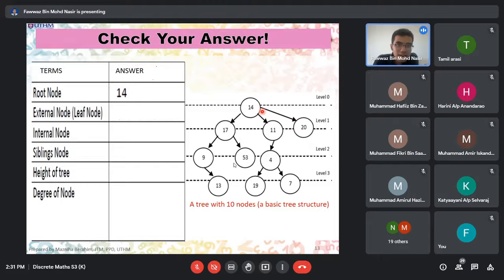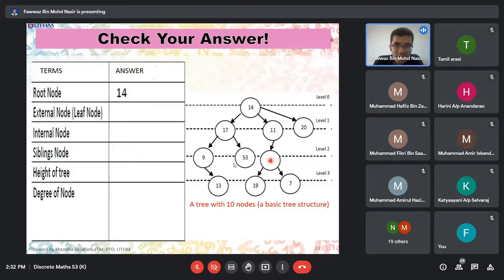Then dia tanya the parent nodes. Kita just list down all the parents dalam this tree. Basically the parent adalah nodes yang ada children ataupun child. So the parent nodes are 14, 17, 11, 9 and 4. Then the children nodes.